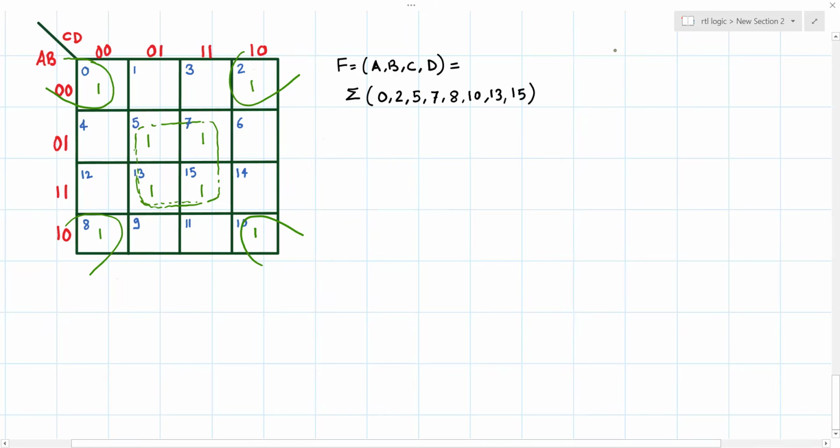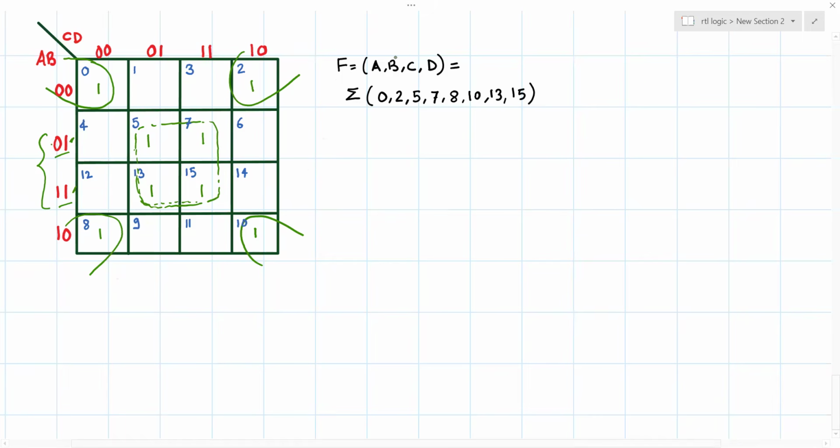Firstly, we will write the term for the middle four ones that have been grouped. Here we see that there is A and B, which have two values, 0, 1 and 1, 1. So 1 is common here. That is, the term B is common. And A is available in the complementary and the non-complementary form.